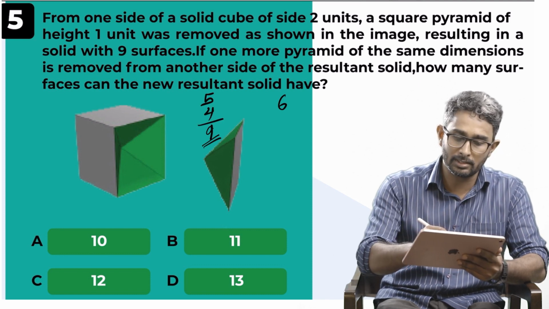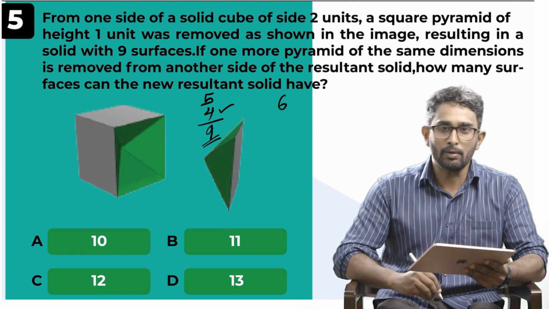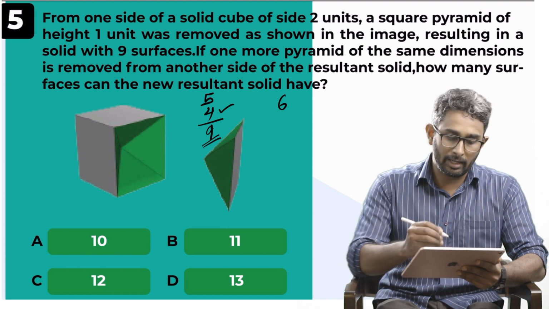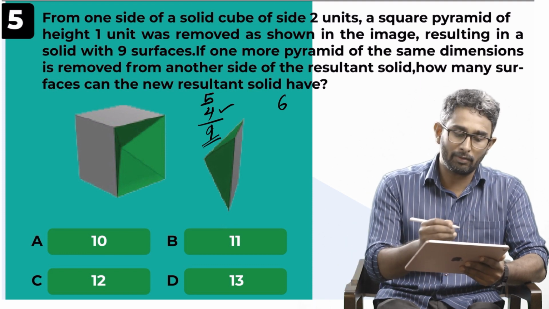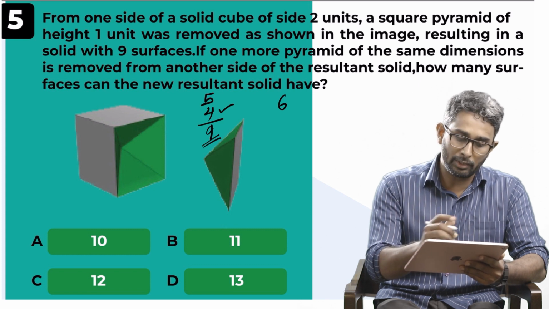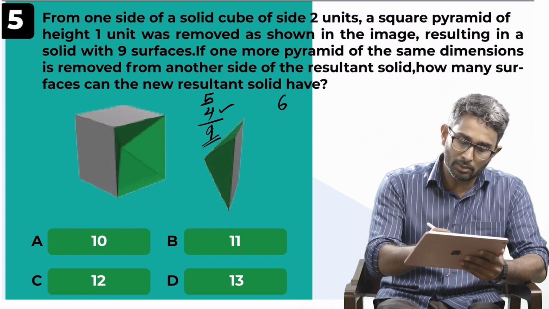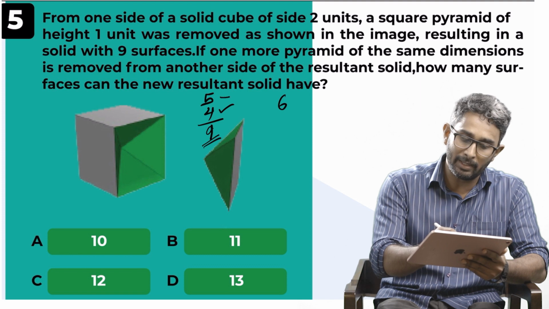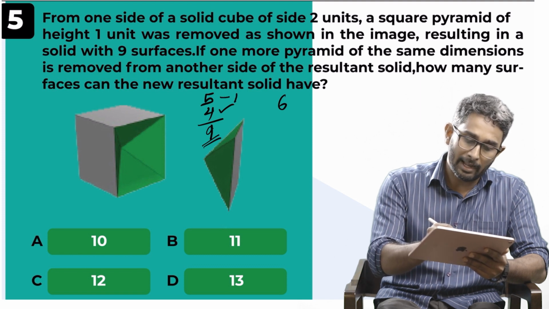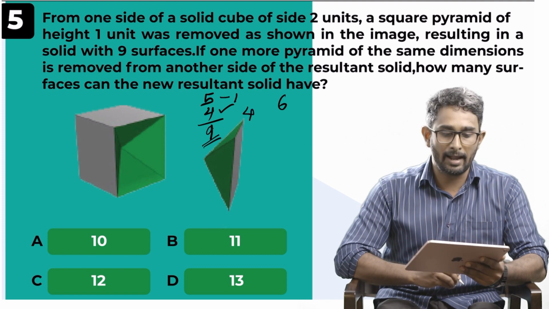We have obtained 4 new surfaces. If you are removing one more pyramid from a solid cube, one of the faces of the cube will be removed, and 4 more surfaces will be added.